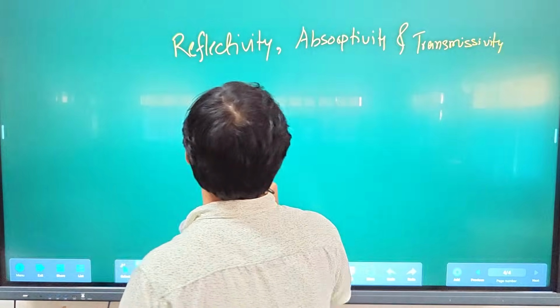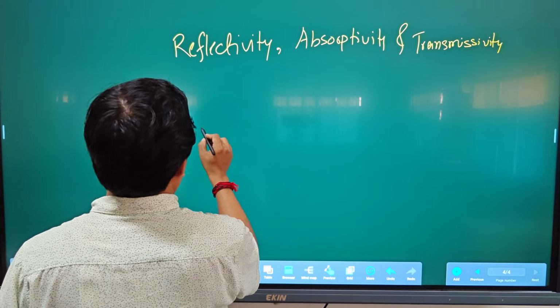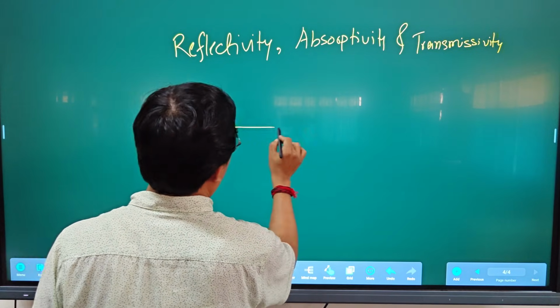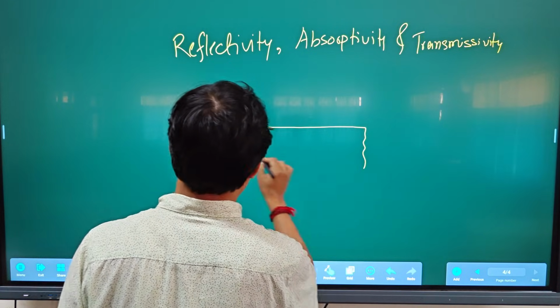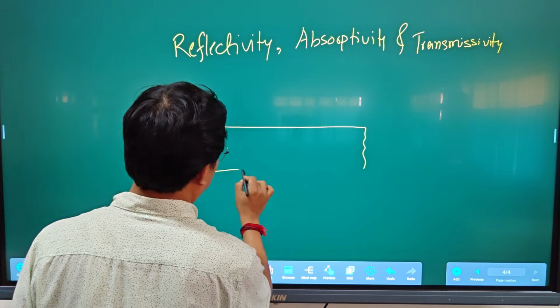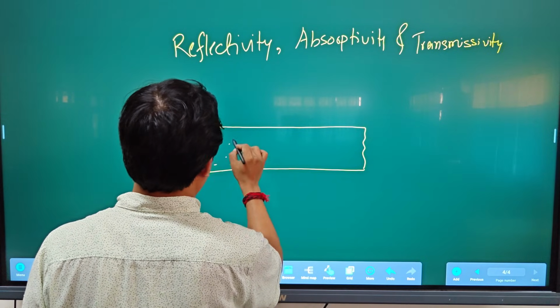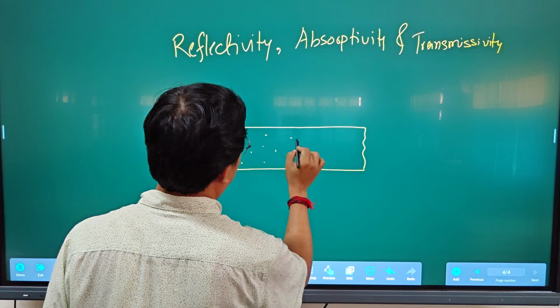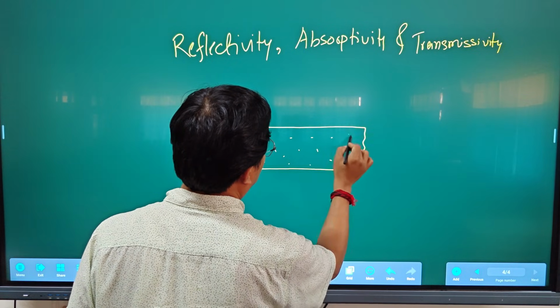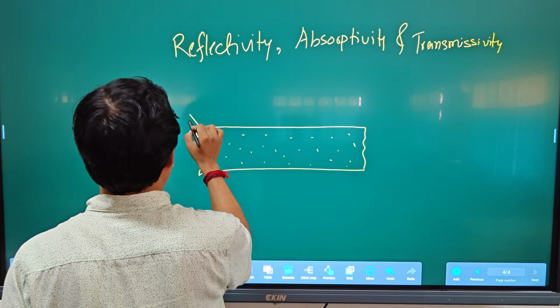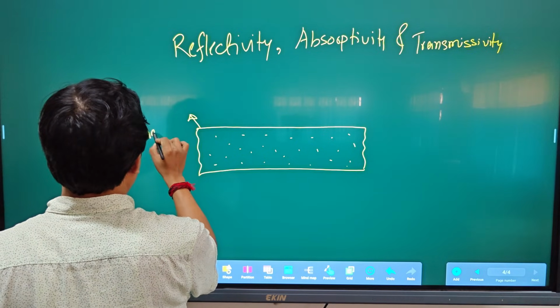To understand these properties, we have simply one material surface.